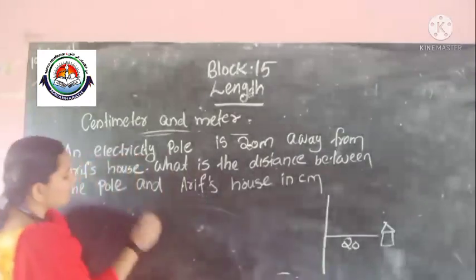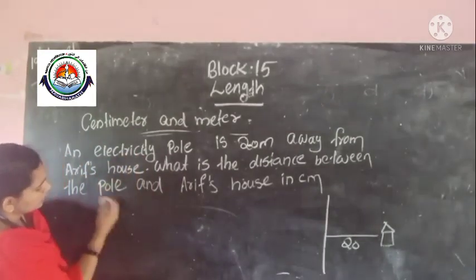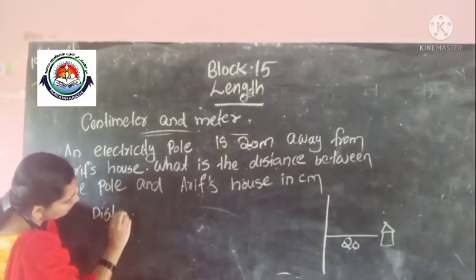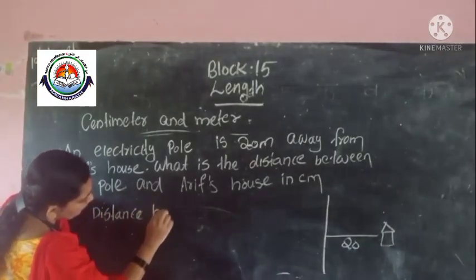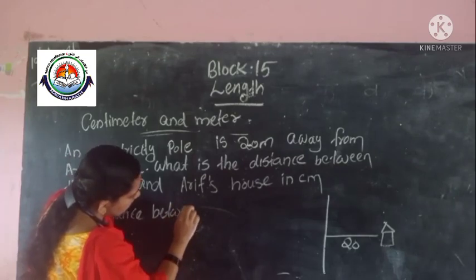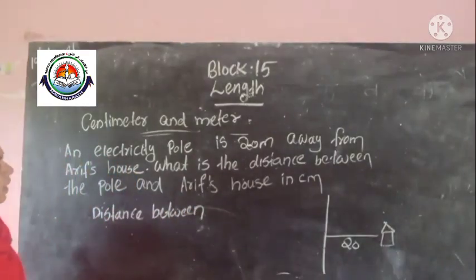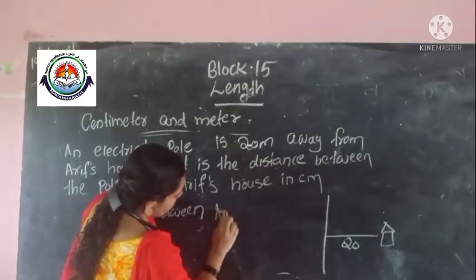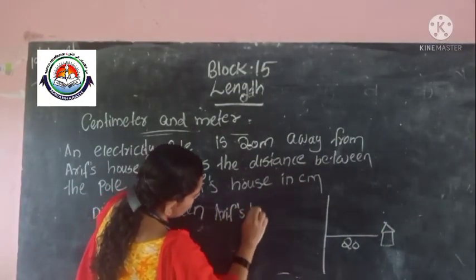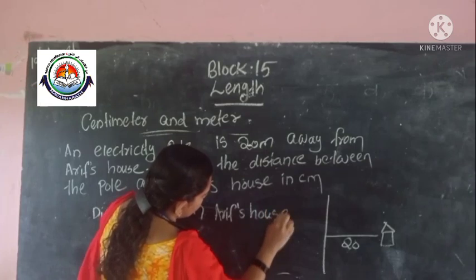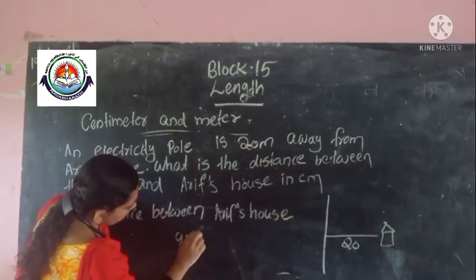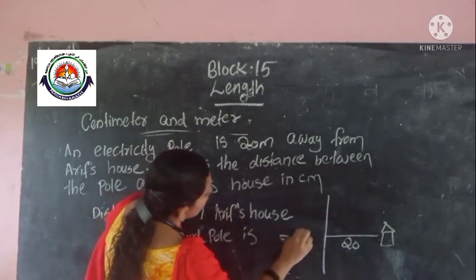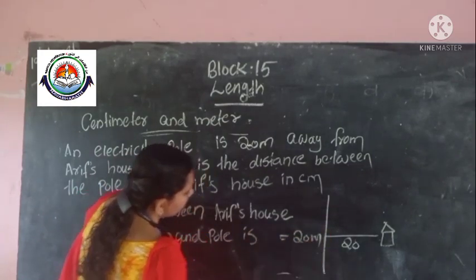So 20 meter. The distance between Arif house and pole is 20 meter.